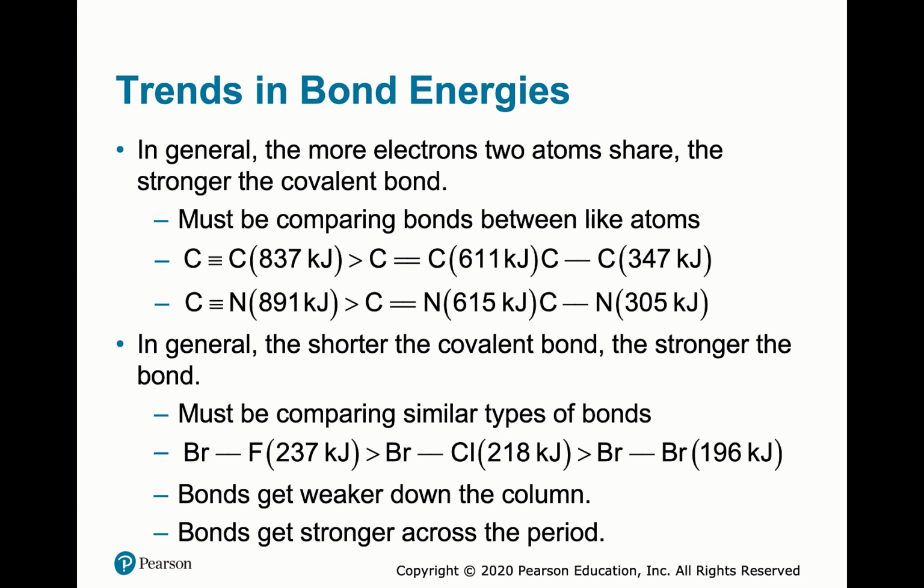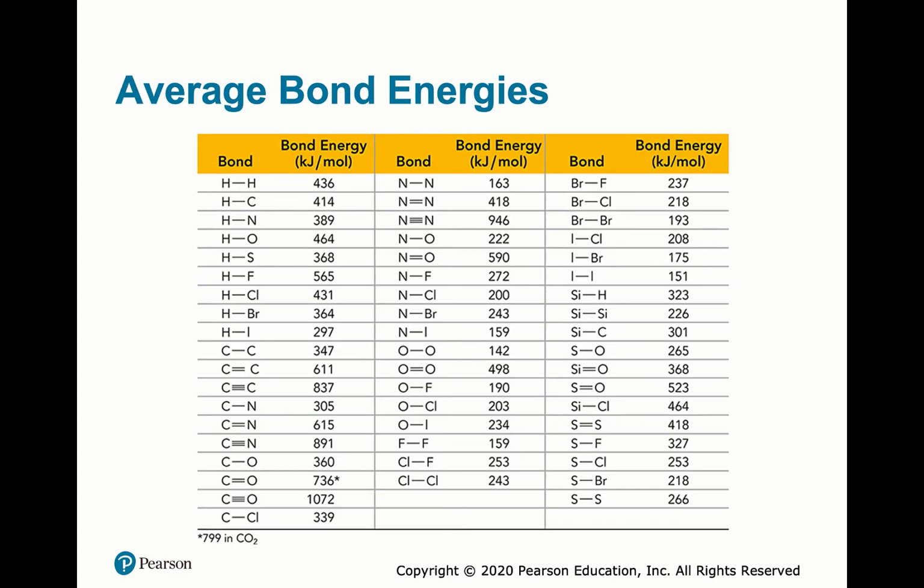And also, generally speaking, the closer the atoms are together, the stronger the bond. That's a general trend. It's not exactly a smooth trend. Looking here between the bromine and the different halogens, for instance, here's a chart showing the different average bond energies.